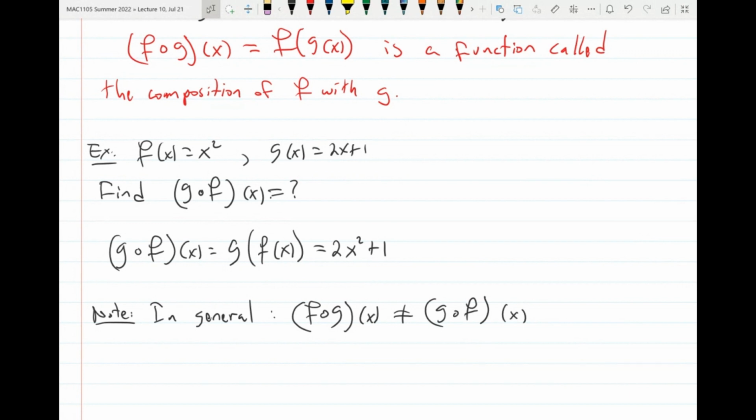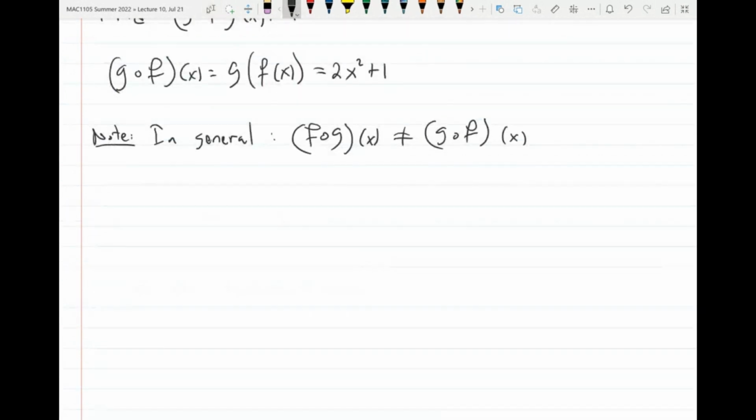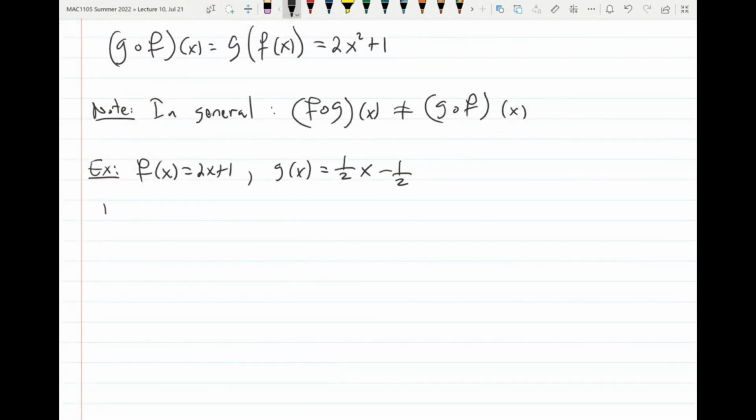All right, let's do another example. This example is so that we introduce the next idea. Consider the function f of x equals 2x plus 1, and the function g of x equals 1/2 x minus 1/2. Find the following.